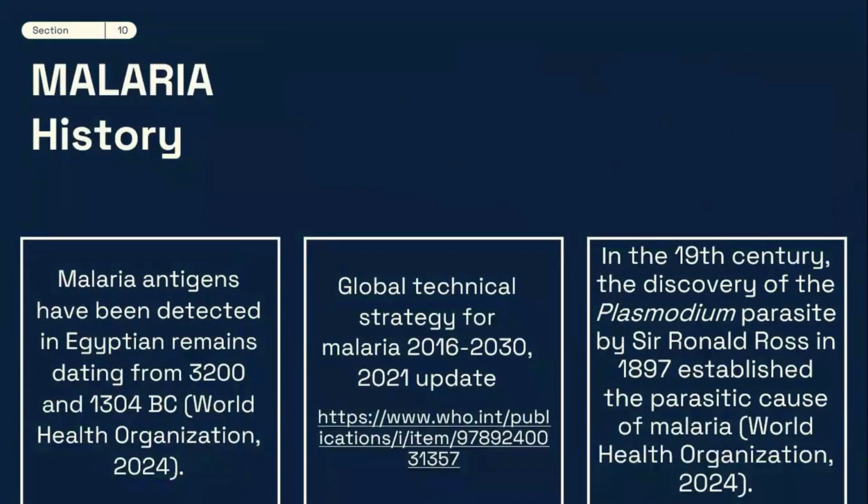As far as the history goes, the World Health Organization provided a fact sheet that discusses how it has a long history, with evidence of disease dating back to ancient civilizations. Clay tablets from Mesopotamia mention deadly periodic fevers indicative of malaria. Malaria antigens have been detected in Egyptian remains dating from 3200 to 1304 BC.